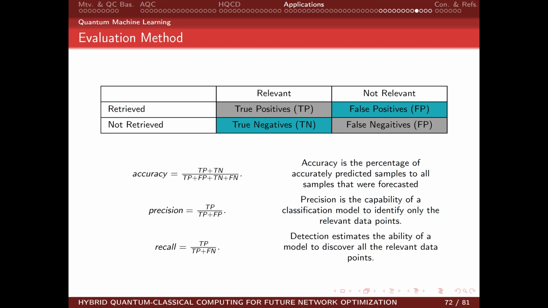Precision represents the capability of a classification model to identify the relevant data points. Recall estimates the ability of the model to discover all the relevant data points.